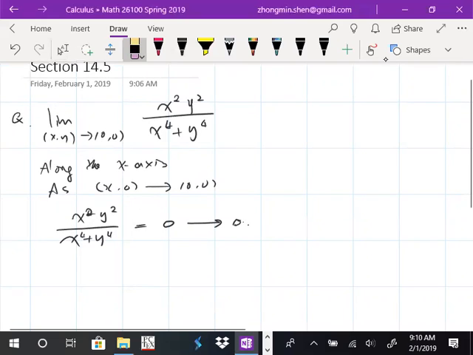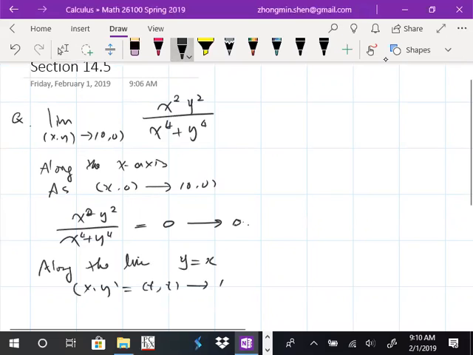So you have to choose the line in the middle. Along the line y equals x. So x and y are both going to be t, and t approaches 0.